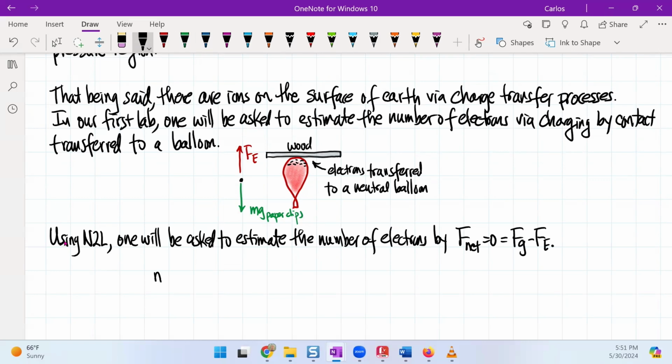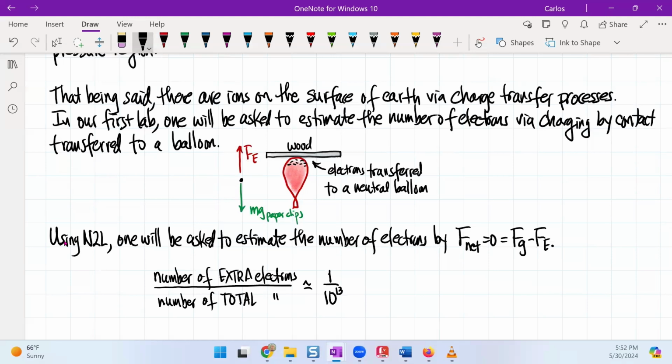You're going to find that the number of extra electrons compared to the number of total electrons on the balloon is going to be of the order of about 1 to 10 to the 13.